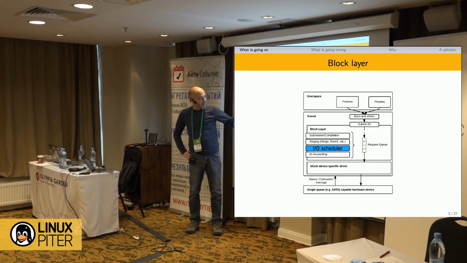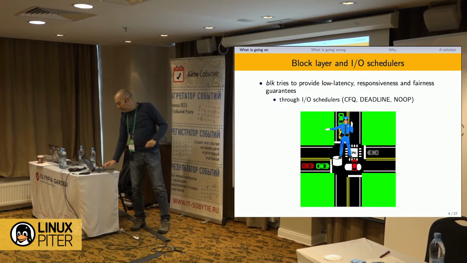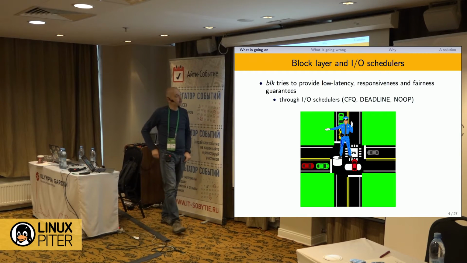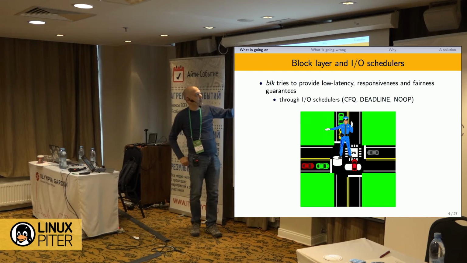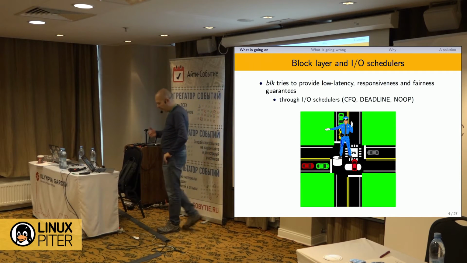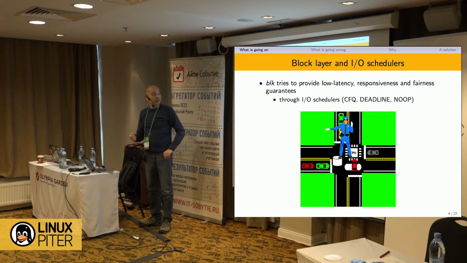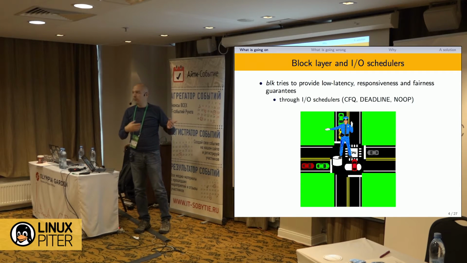The most interesting one for this presentation is the I/O scheduler inside the block layer. Actually, there are several I/O schedulers you can choose from in the block layer, and these schedulers have already been mentioned this morning, and also yesterday.